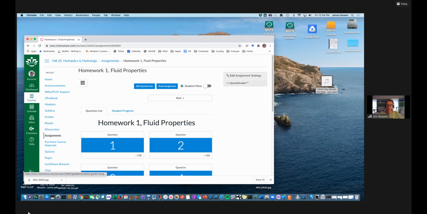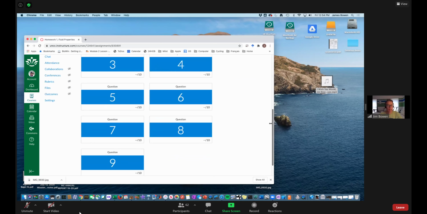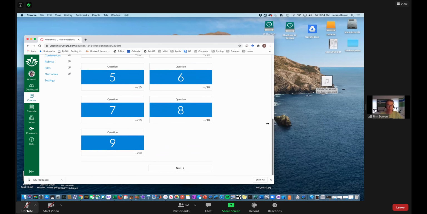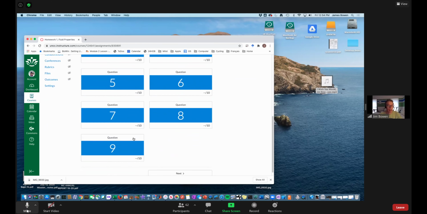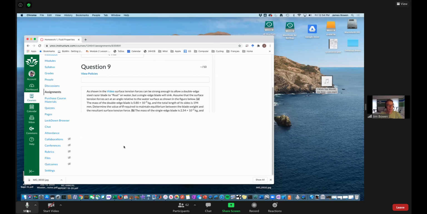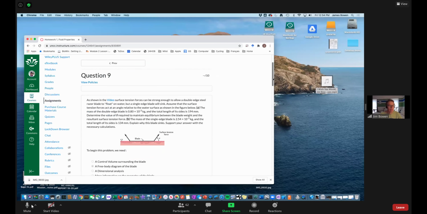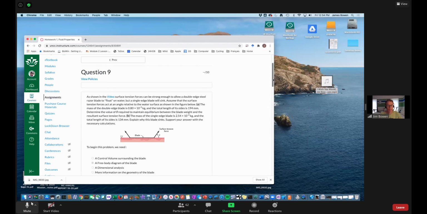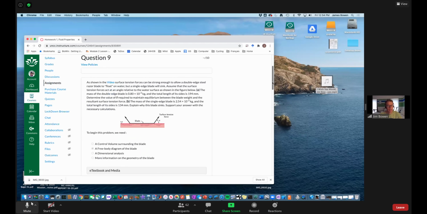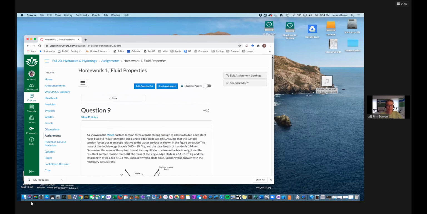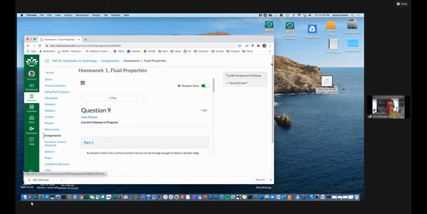Any suggestions? This is the only problem that people have asked me questions about. Here's a surface tension one. Whoops, and there's the answer. Gotta watch it. Put that student view on.